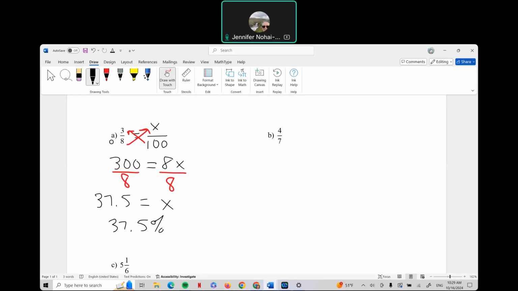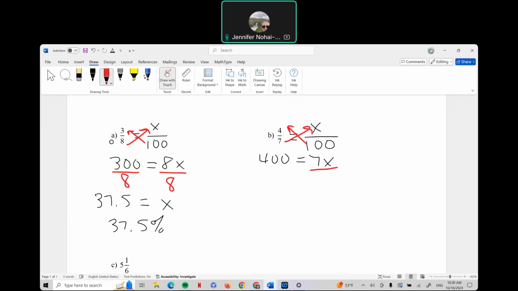4/7, we're going to also set that equal to some number over 100. And once we find out that number, we will know the percent. Cross products, 100 times 4 is 400. 7 times x is 7x.